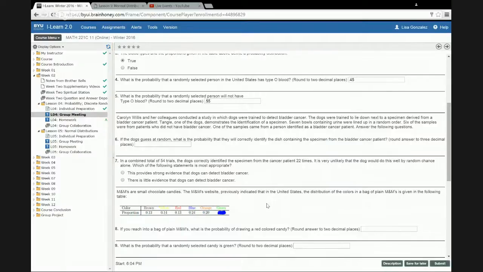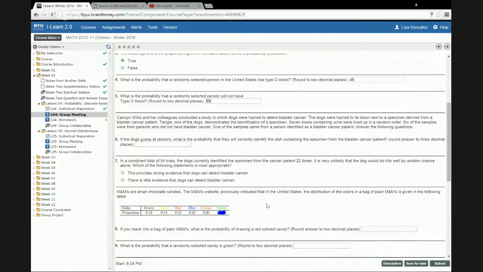All right, so the question is, number 6, if the dogs guess at random, what is the probability that they will correctly identify the dish containing the specimen from the bladder cancer patient? Round to at least 3 decimal places. Okay, how many? There were 7 bowls. And then it said 6 of the samples did not have bladder cancer, right?